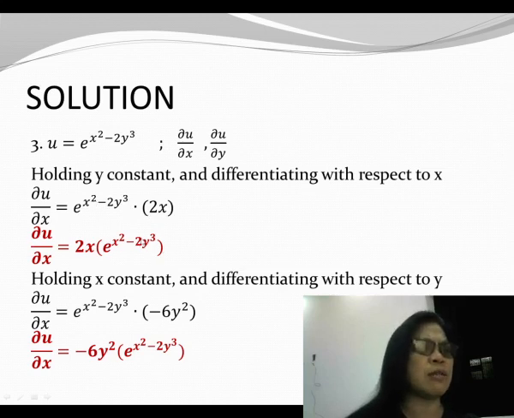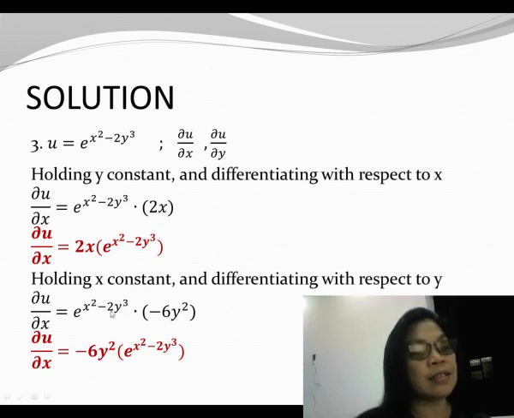And then all we have to do is simplify it as 2x multiplied by e raised to x squared minus 2y cubed. Similarly, if we find the derivative of the function u with respect to y, this time we consider x as constant. Then this is simply e to the u again, or e raised to x squared minus 2y cubed, multiplied by the derivative of u where x is constant.